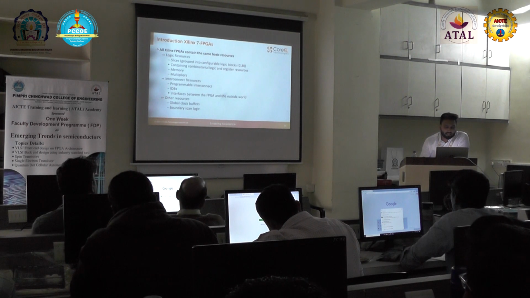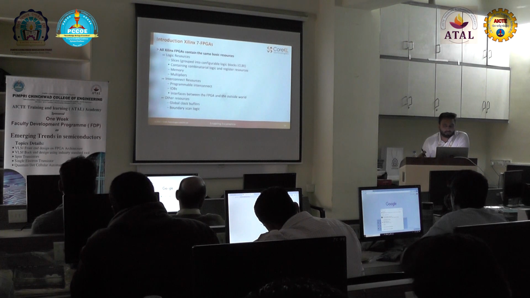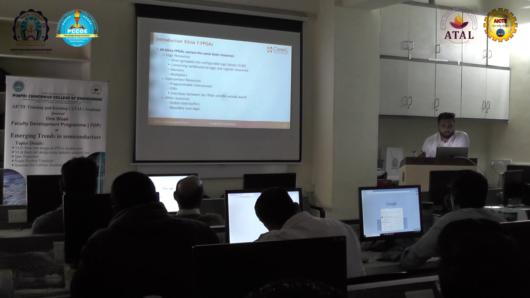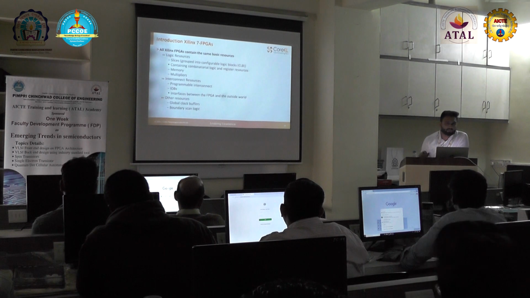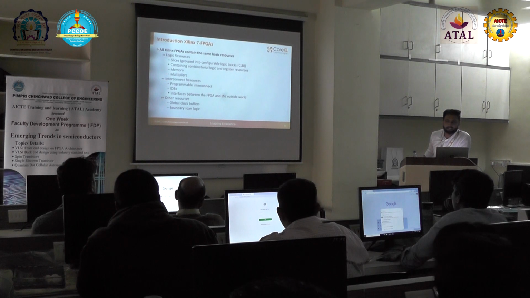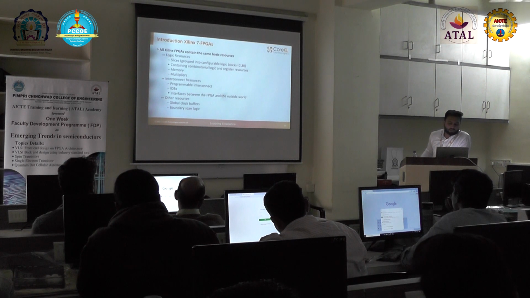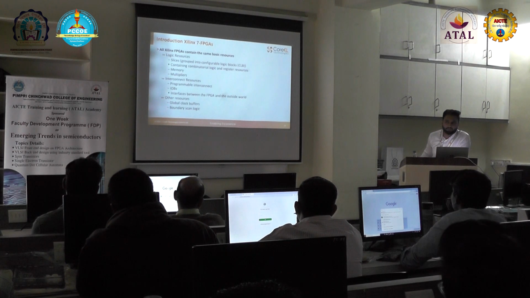This CLB is made of 4 components: one is LUTs, another is flip-flops, the third is full adders, and the fourth is multiplexers. By using these 4 major components, the CLB has been made. We are going to see these slices, SLICEL and SLICEM, and also the 4 components present inside the CLBs, in the implementation stage while we are using the practical session.